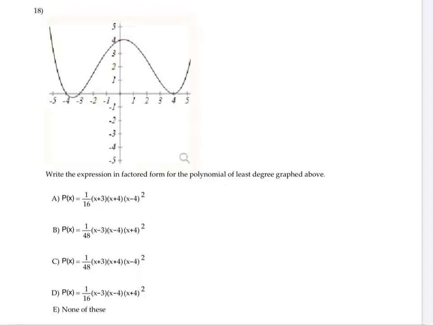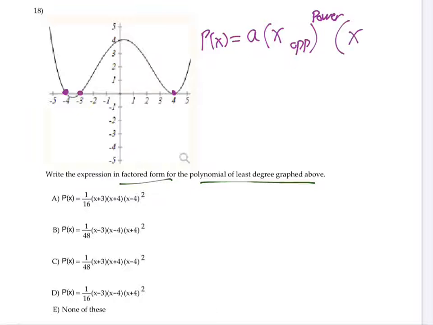Number 18. Write the expression in factored form for the polynomial of least degree. Okay, so again, we got to think about the degree and where it hits 0. So notice this polynomial hits 0 at negative 4 and at negative 3 and at 4. So the polynomial p of x will equal a, and then x opposite to some kind of power, and then we just keep going with that.